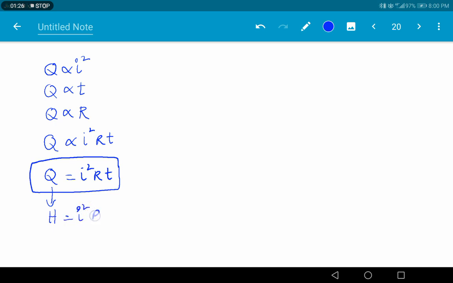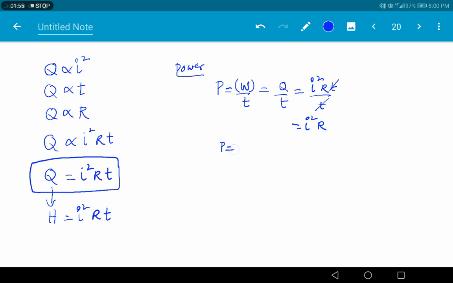No problem. In the same way we also discussed what is power. Electric power is the rate of consuming electric energy, so W by T. Here W is nothing but the heat developed, so we can write Q by T. Q we can write as I square RT, divided by T, so T gets cancelled: I square R. We can also write W as VQ by T, so we get VI.